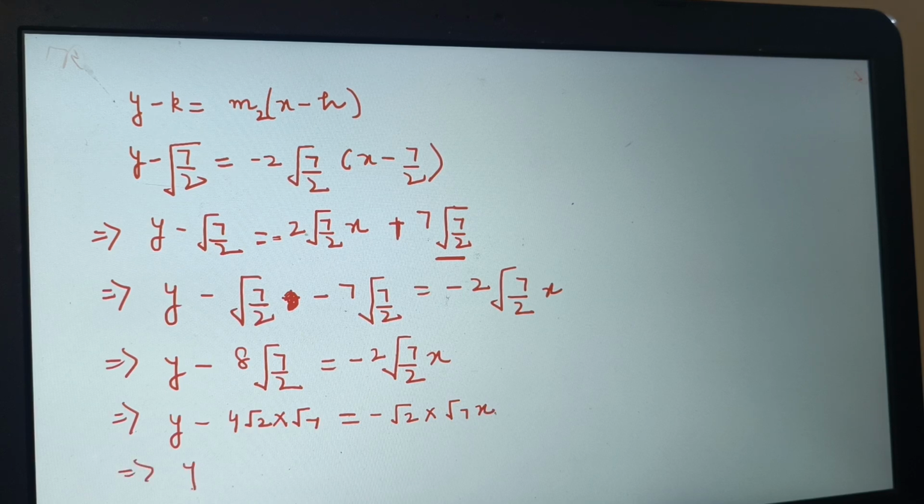So that gives me y minus 4 square root 14 equals minus square root 14 x. Further simplifying this equation, I get y plus square root of 14 x minus 4 square root 14 equals 0, and that gives me my equation. I hope it is clear. Thank you.